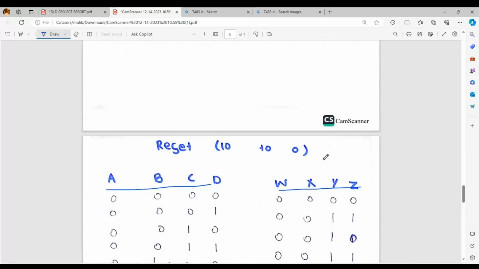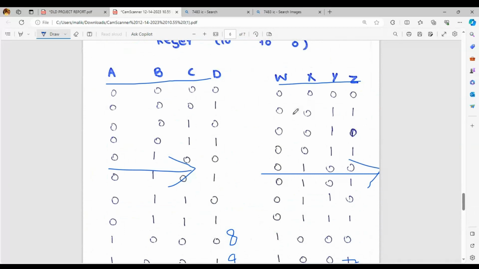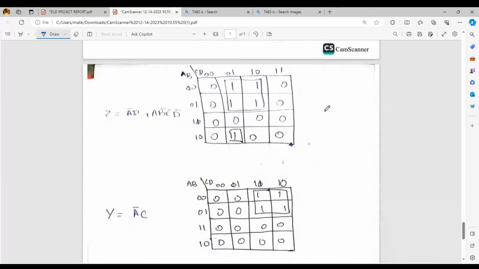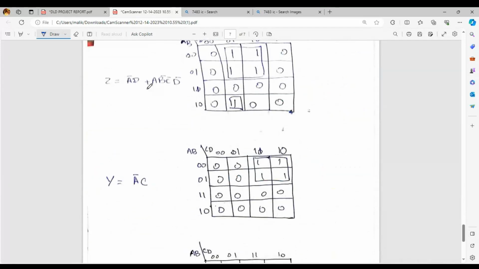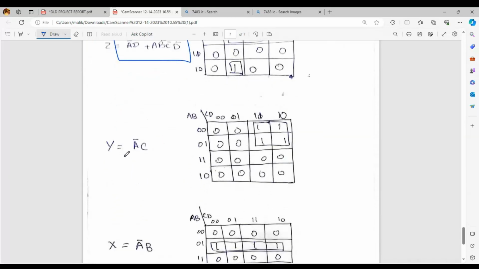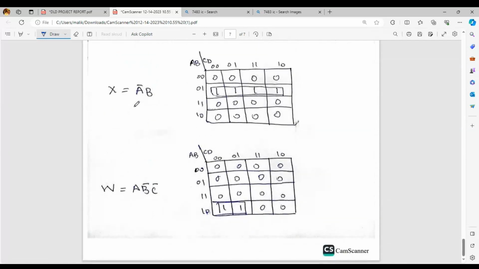Now we have to make separate functions for w, x, y, and z, and we did so by using K-maps. We just got these simplified functions for all of these outputs. This one was for z, y, x, and w.